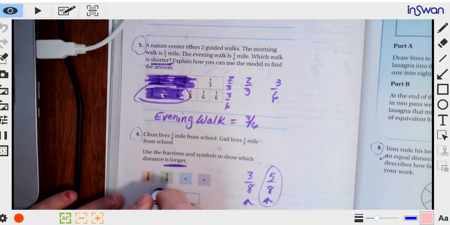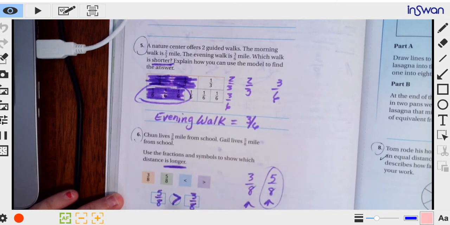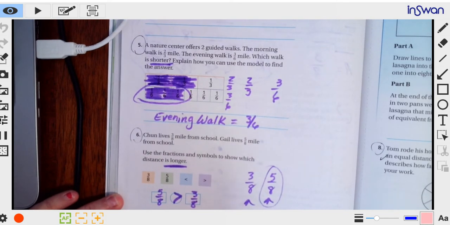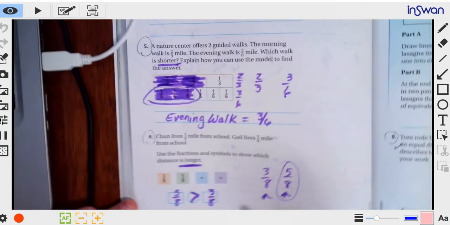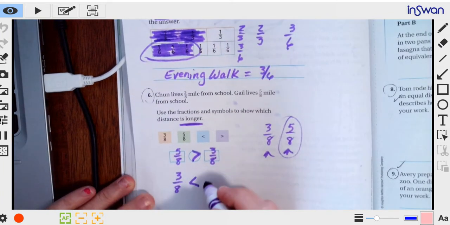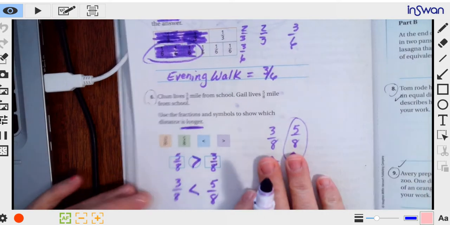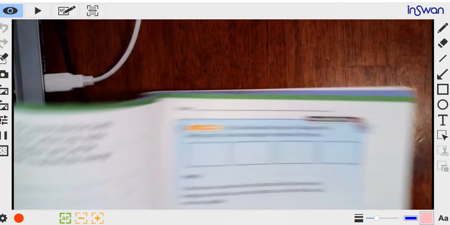So I'm going to put 5/8 is greater than 3/8. You can also do it the other way. You could say 3/8, but you have to make sure to show that it is less than 5/8.